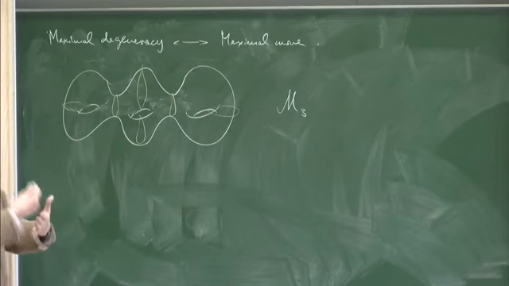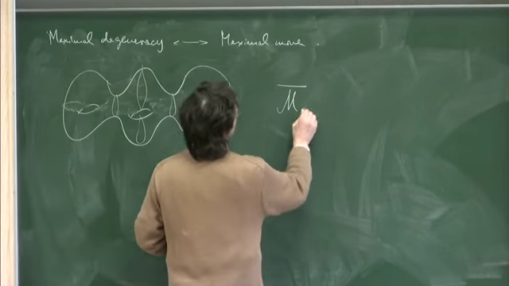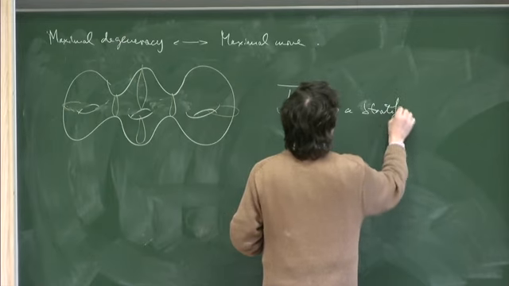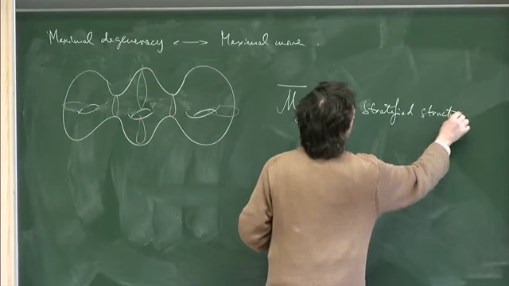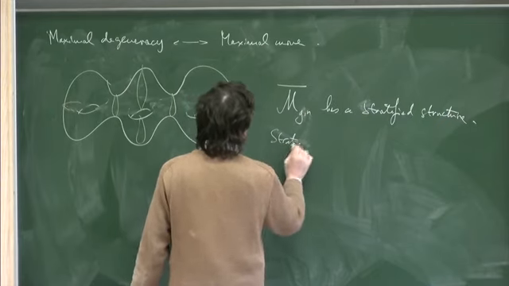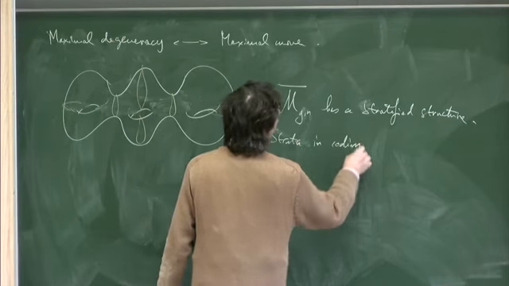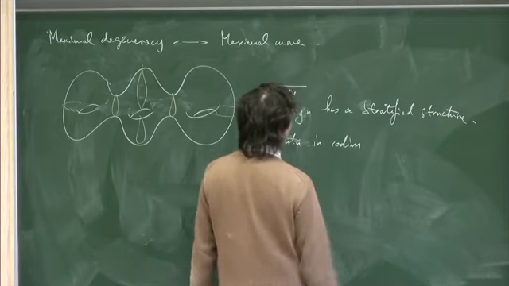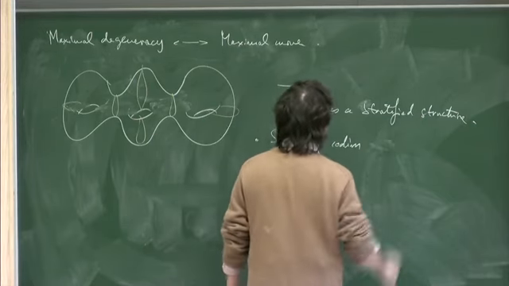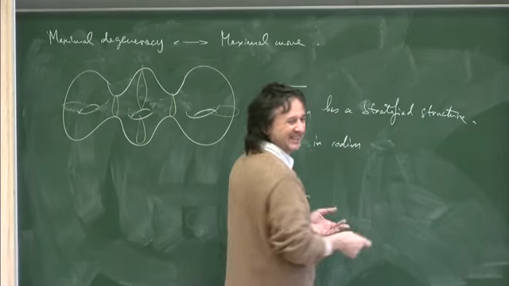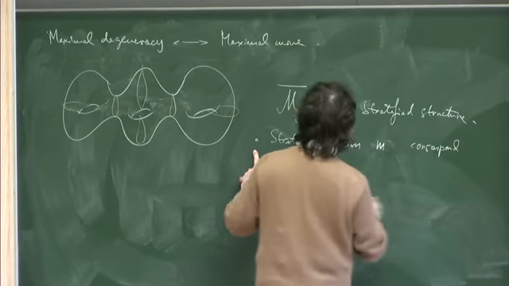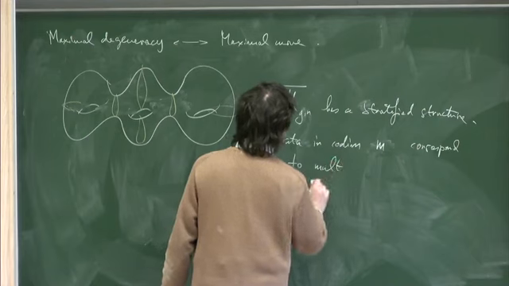So M_{g,n} bar has a stratified structure, where the strata in codimension M correspond to M-multicurves.